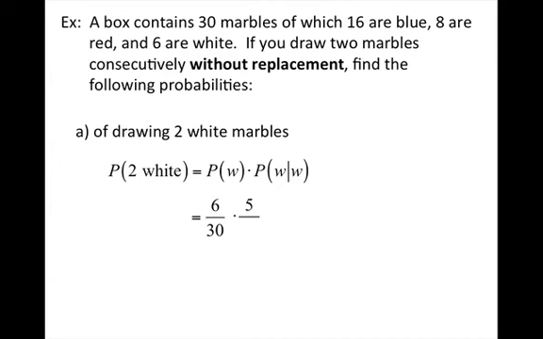And also, instead of having 30 marbles in the box, I only have 29 because I took one out. So what I did in the first action changed the probability for the second action. Now if I multiply these, the probability of drawing 2 white marbles is 1 out of 29.